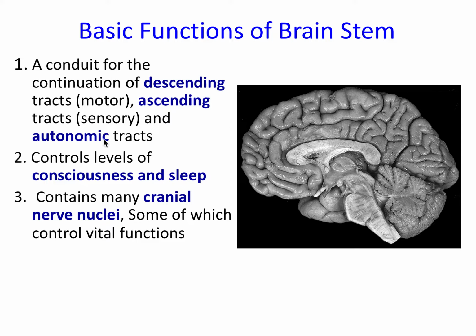So the basic functions of the brainstem: it's going to be a conduit for the continuation of descending motor tracts, ascending tracts, which would be your sensory, and autonomic tracts. It will also control consciousness and sleep. There are many brainstem centers here that project up to the cortex, which control basically consciousness.